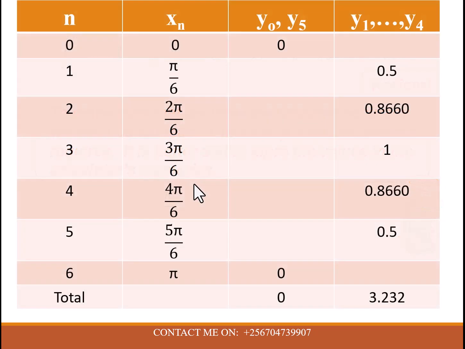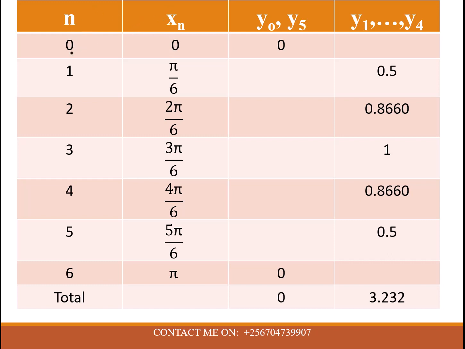So we can now draw the table. You can see there are 7 ordinates: 1, 2, 3, 4, 5, 6, 7. When n is equal to 0, you will get x0.